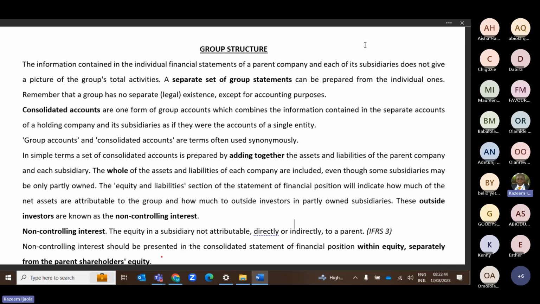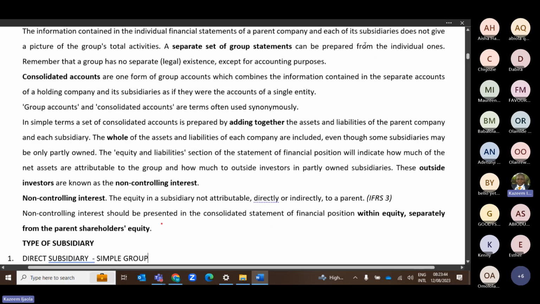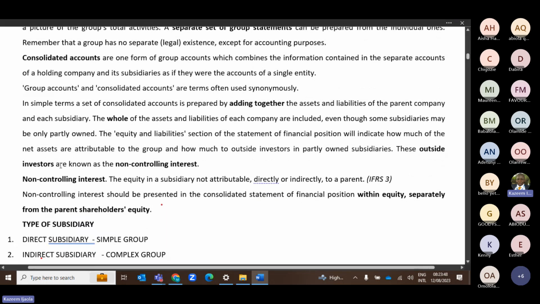So let's quickly look at some of the terminologies. The first one I'll be running you through is non-controlling interest. What is non-controlling interest? Basically, non-controlling interest is part of the shares of the subsidiary that is not attributable to the parent.